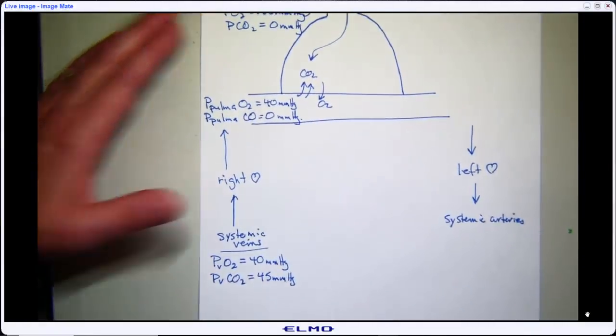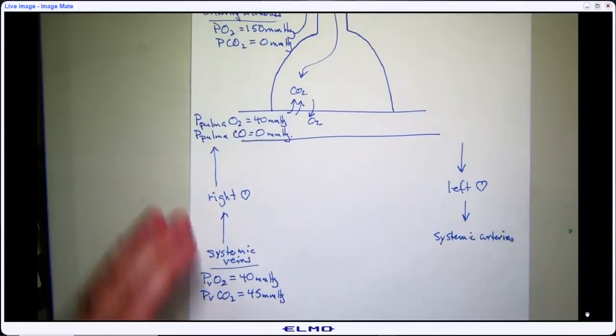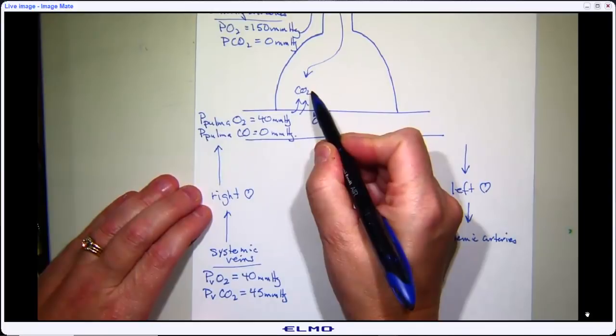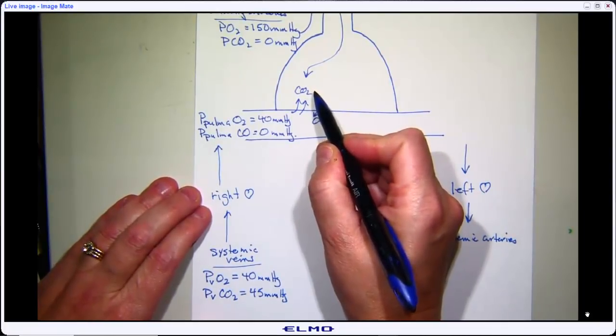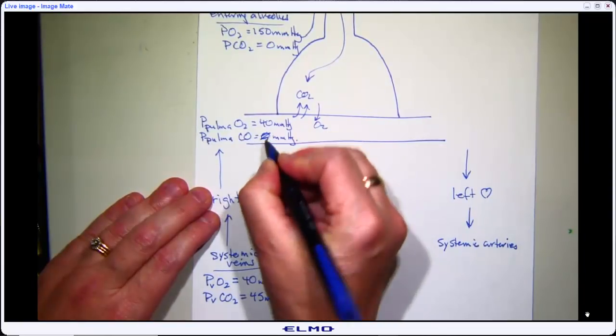Okay, it's the exact same as what's in the systemic veins, right? Because all we did was push the blood through a pump. Okay, so that blood now moves past our alveoli. Exchange occurs, right? We unload CO2. There'll be a, wait, that's not 40, this is 45.